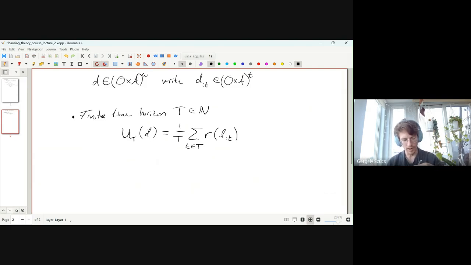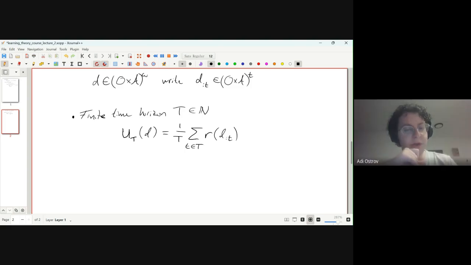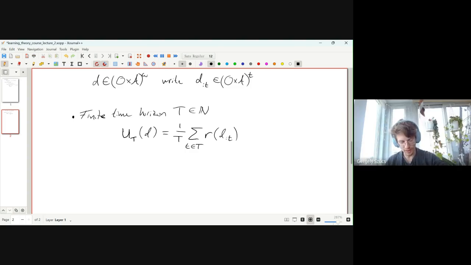This gives a high-level idea of how to turn a reward into a utility function, namely, you average the reward. What are we summing over? Okay, maybe I could write t equals 0 to T minus 1 here.